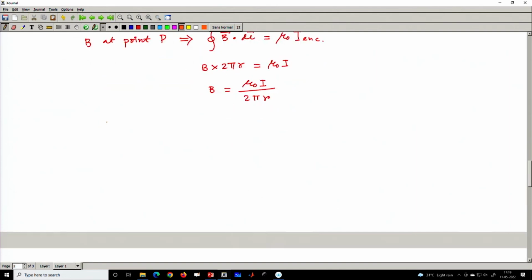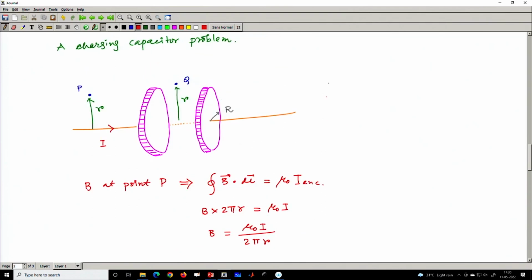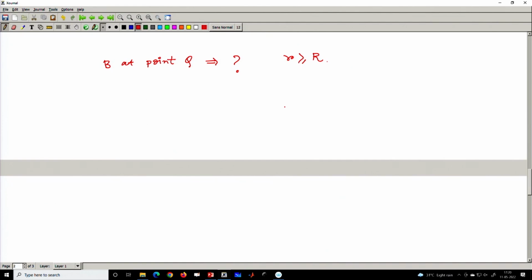The question is, what is the magnetic field at point Q, where small r is greater than or equal to the radius R of this circular plate, outside the plate?